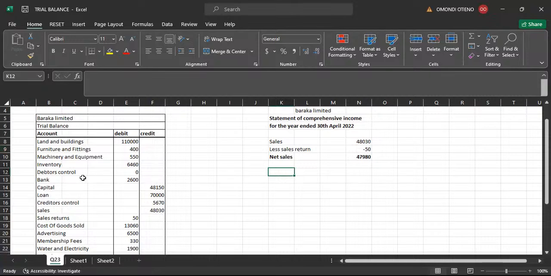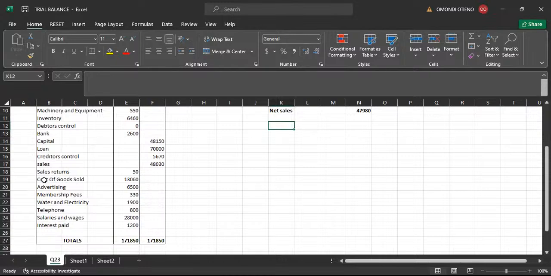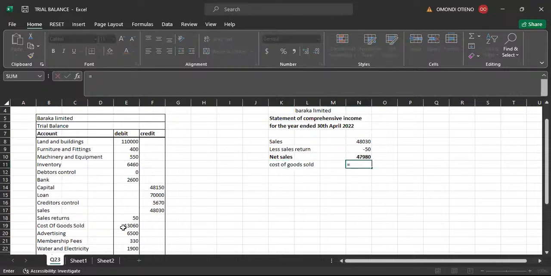But in this particular question, all that was done. The only thing we are given here is the cost of goods sold. So let's bring our cost of goods sold, we are able to see it is equivalent to this.